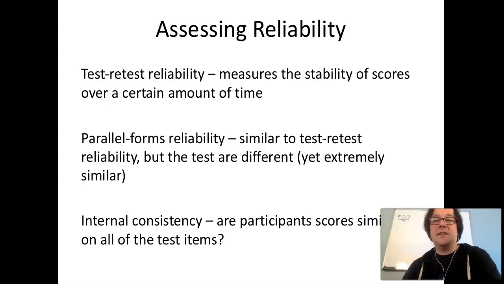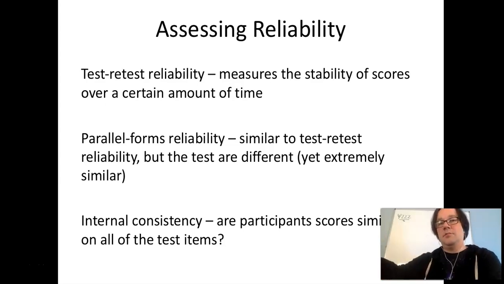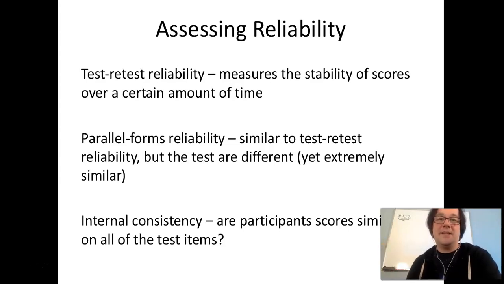If a test or a measurement has good test-retest reliability, that means how you performed the first time I gave you the measure should be highly correlated to how you perform the second time that you took the test or completed the measurement. So test-retest reliability measures the stability of scores over a certain amount of time.